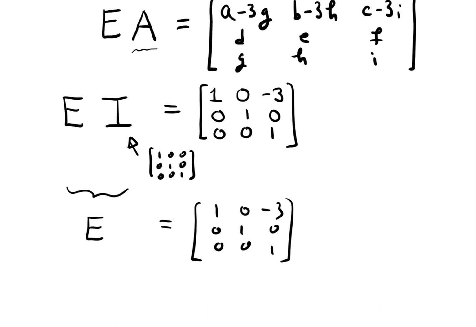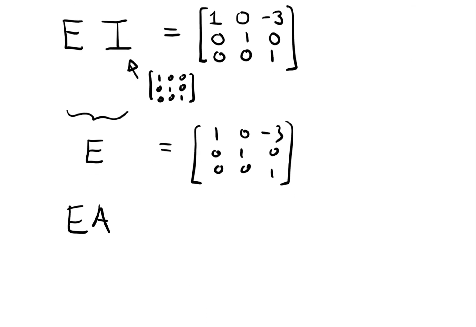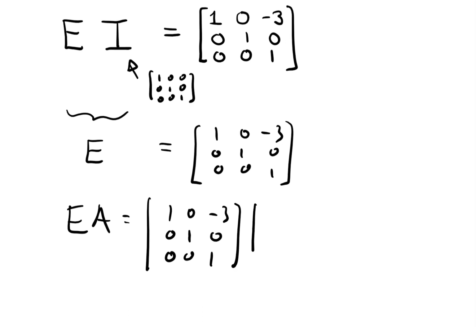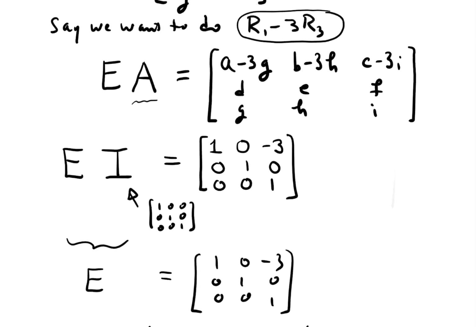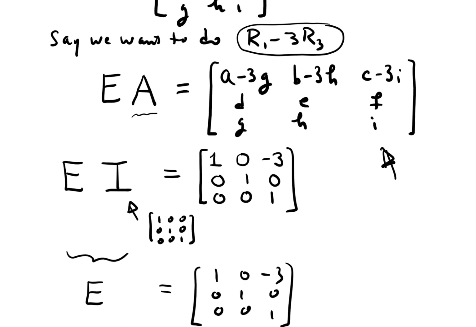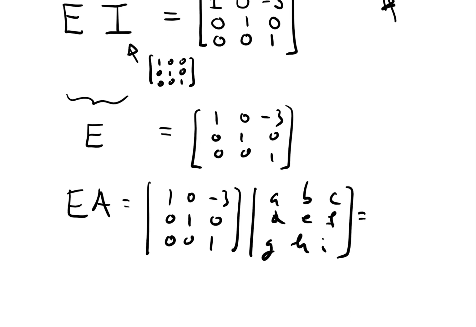If you don't trust me, let's check again. If I do E times A, that's D, E, F, G, H, I. If you multiply these two together, let's check that we get back this matrix here. If I multiply the first row by every column of A, 1 times A plus 0 times D minus 3 times G gives A minus 3G.